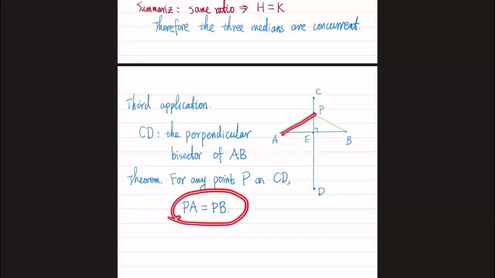Why must the two segments be the same? What theorem could we apply? We have two segments here. I claim they have the same length. Why? PA and PB.